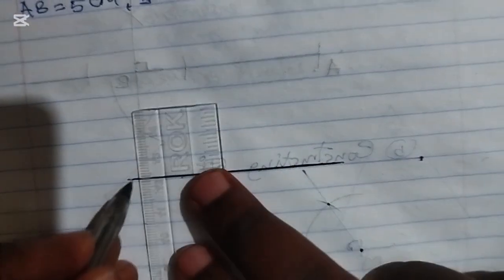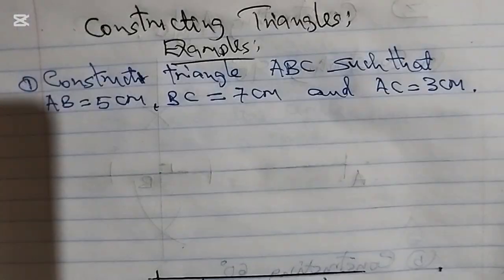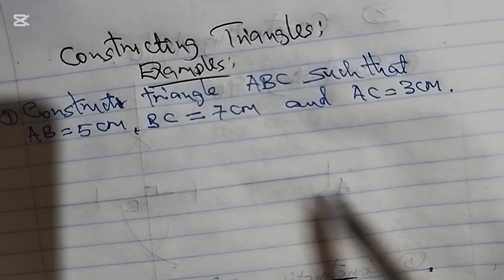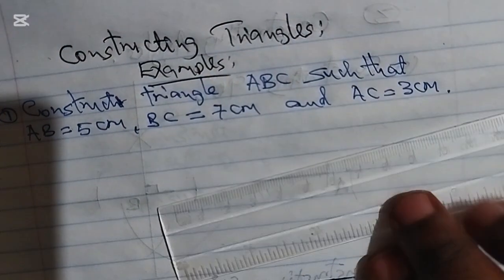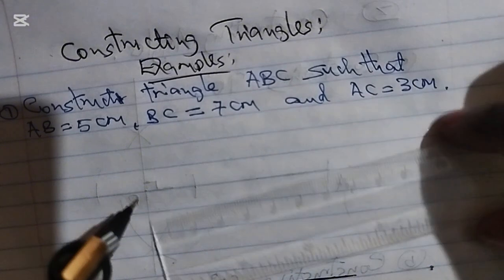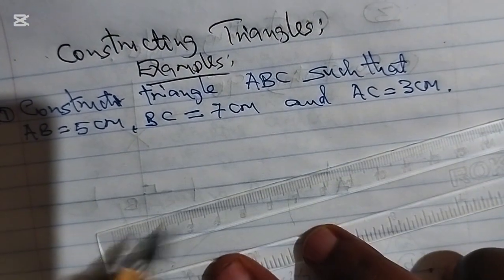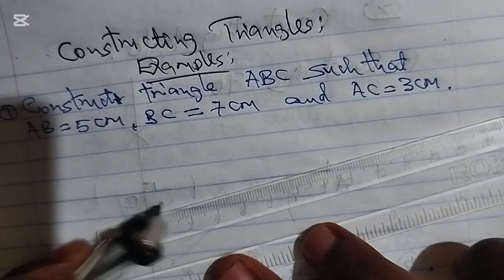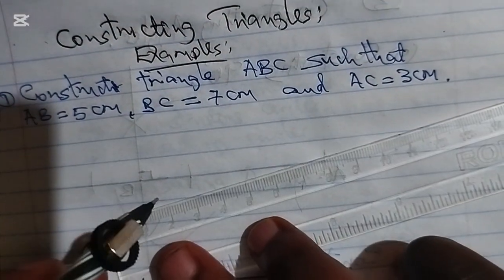That is our line. I'll mark this point here A, but A to B should be 5 centimeters. So I have to measure 5 centimeters using my ruler and pair of compass. When you look at your ruler, there is a beginning point here. You stand at that point, then you measure 5 centimeters.